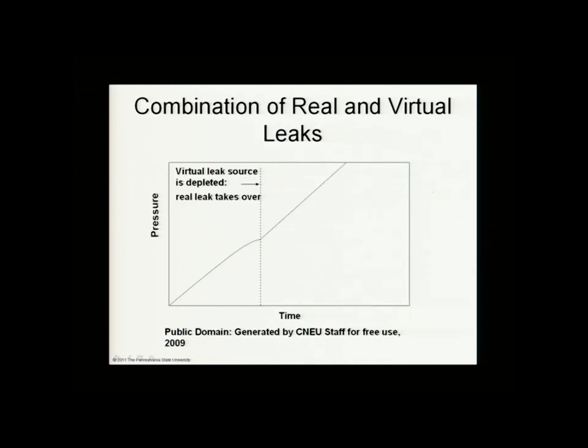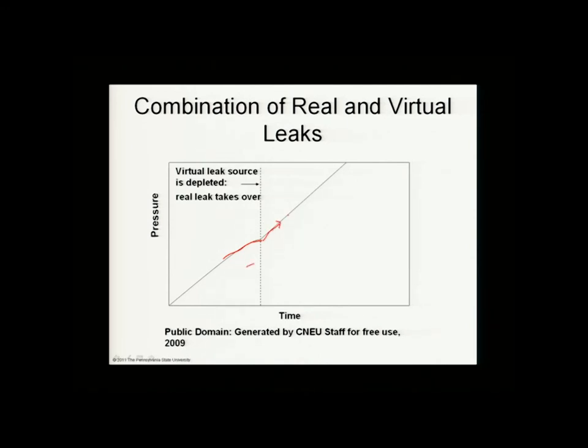So you can have a combination. Naturally, nature may make things tough for you, and you can have both types of leaks present. So you can have a situation where you have a virtual leak, and maybe that's dominating in the beginning. Then you can start to see it plateauing, but then it takes off. That means there must be a real leak.